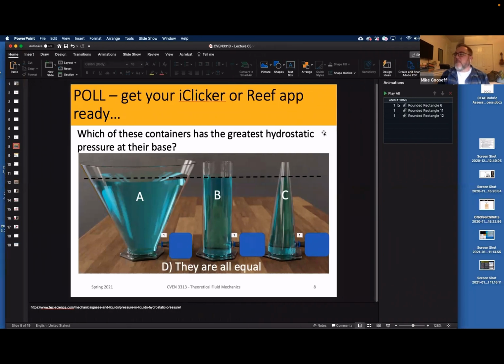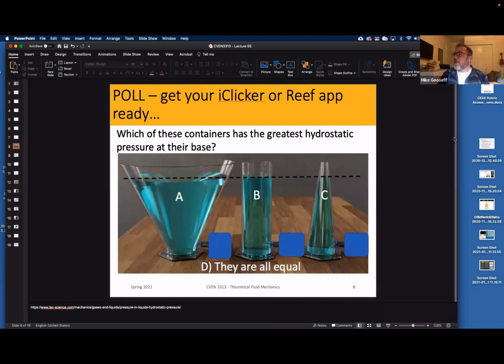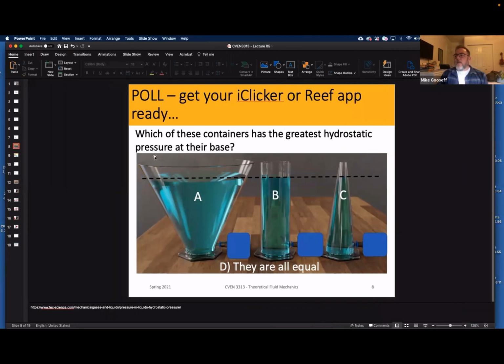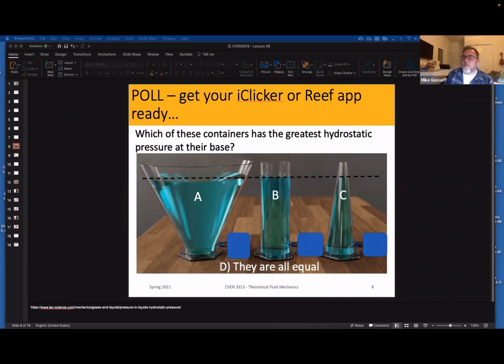Take a look at this. These are 3 different shaped vessels, and they each have this sort of bluish green fluid in them, and they are all filled to the same height. That's what I'm trying to indicate with the dashed black line. So the question is, which of these containers has the greatest hydrostatic pressure at their base?